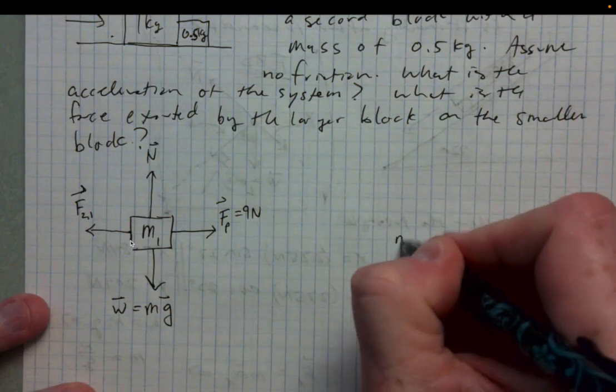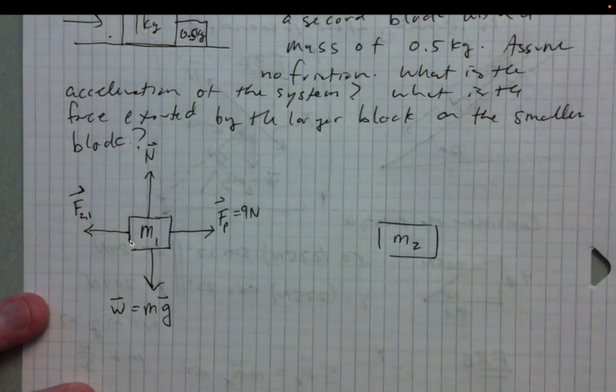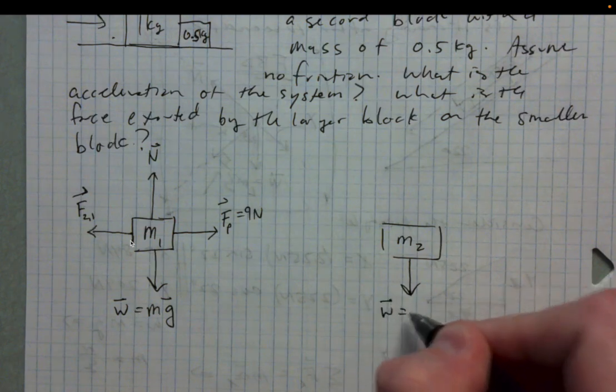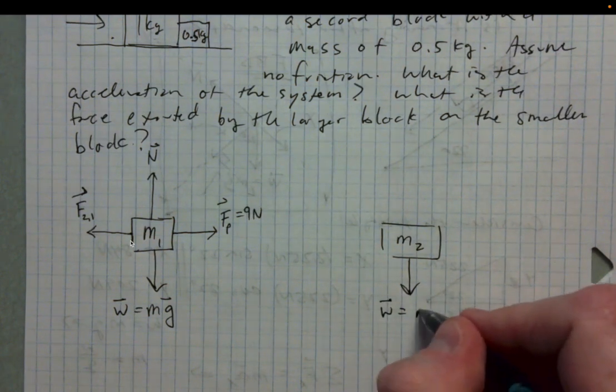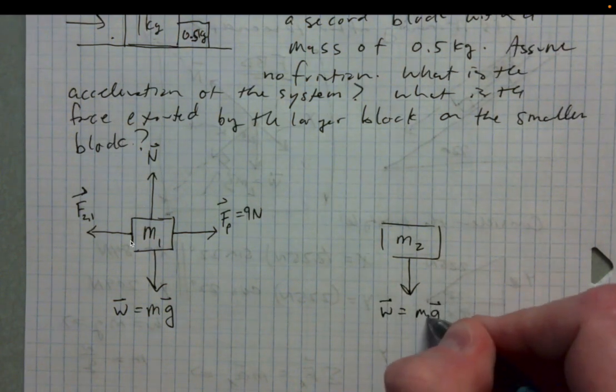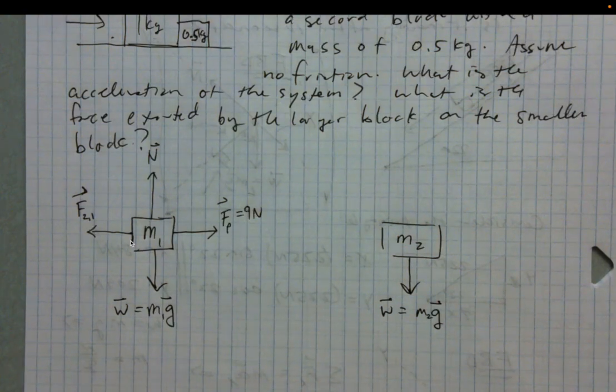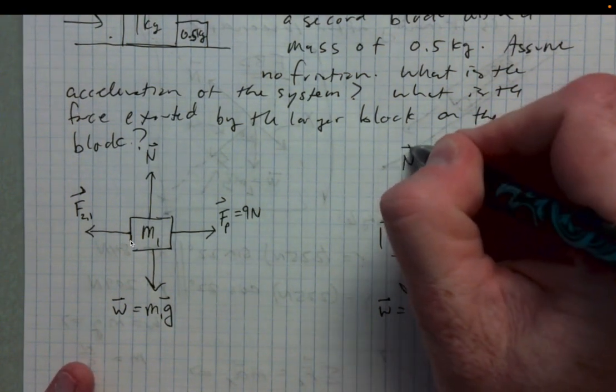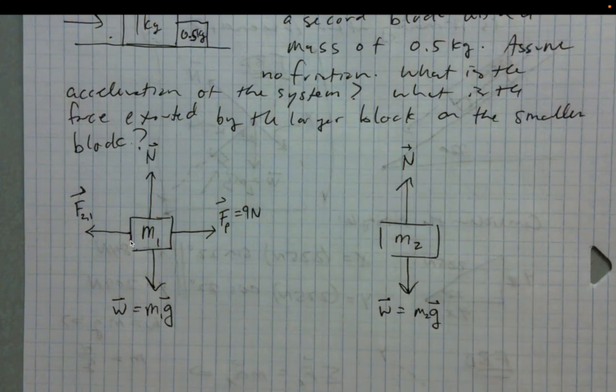And what does the second mass look like? M2 is going to have its own weight. I'm just going to put mg, but technically that's m2g. I'll put m2, and make that m1. And then there's a normal force there as well. We're not so interested in these y forces. We're really more interested in the x direction here.